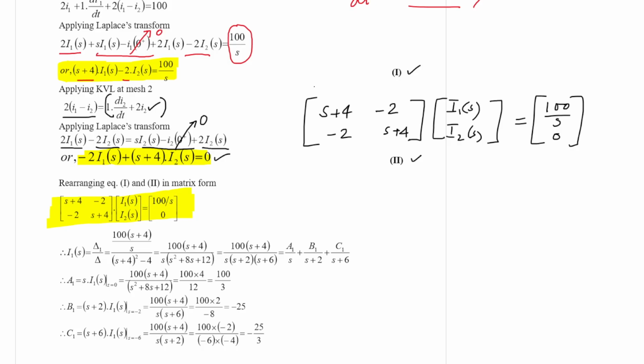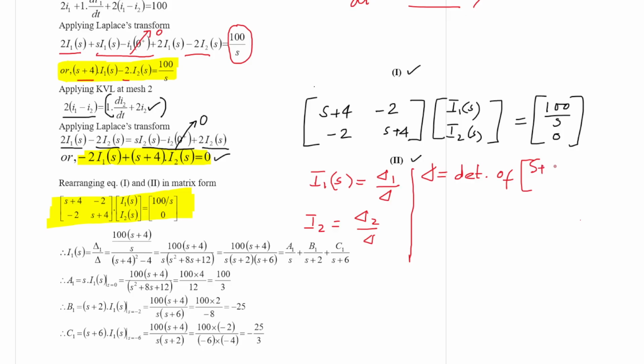Now let us solve I1(s) first. What is I1(s)? I1(s) is nothing but delta 1 by delta. I2(s) is what? Delta 2 by delta. What is delta? Delta is the determinant of this matrix, s plus 4, minus 2, minus 2, s plus 4, which is equal to (s plus 4) whole square minus 4.